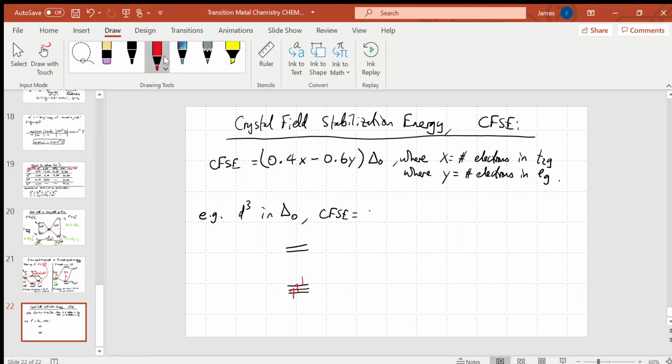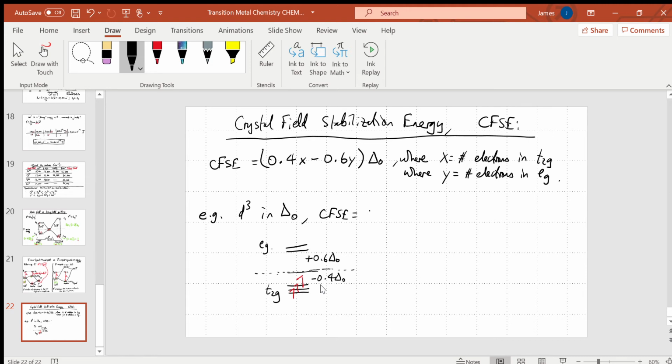So we've got our T2G set, our EG. Remember the barycenter's here. This is plus 0.6 above the barycenter, and this is 0.4 below the barycenter, where the barycenter is in the middle here.